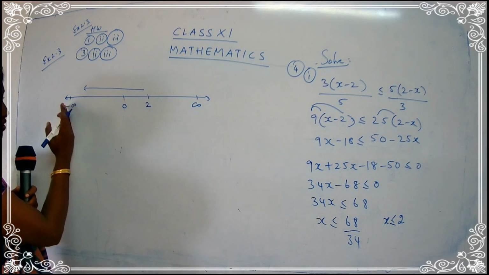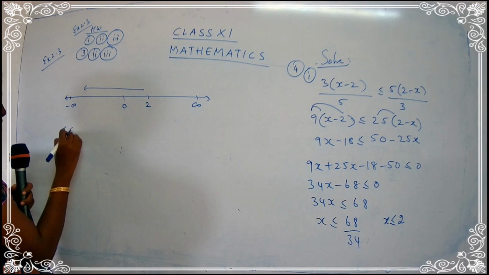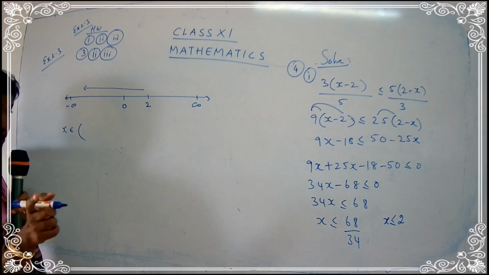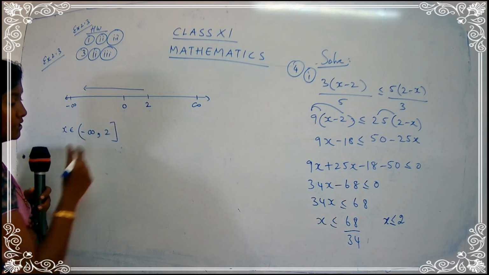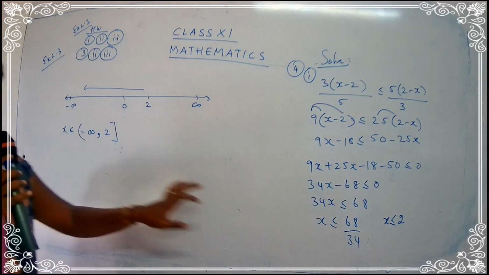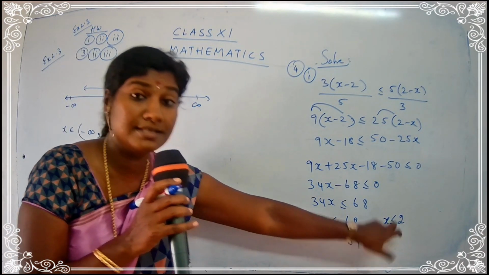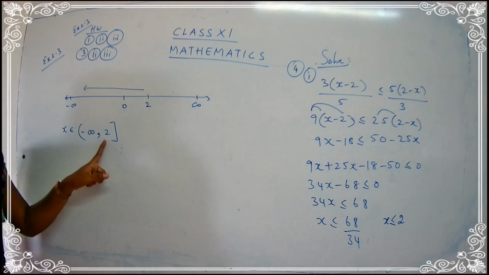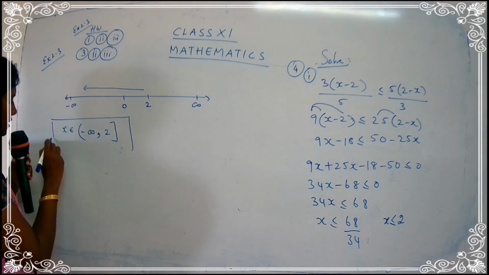So it is going to start from minus infinity to 2. So x belonging to minus infinity to be written as an open interval and 2 will be written as a closed interval. Why am I taking 2 as a closed interval? Because we have less than or equal to. Equal to is present, that means 2 is included. So you have to write 2 as a closed interval. So this is the required solution.